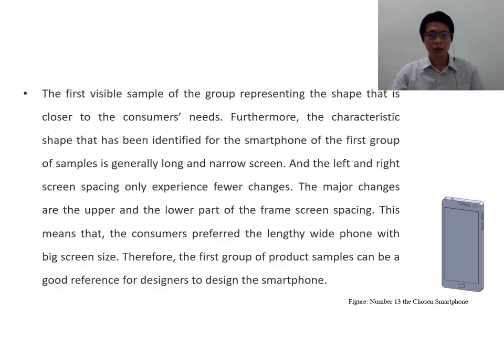The major changes are the upper and the lower part of the frame screen spacing. This means that the consumers prefer the long, wide phone with the big screen size. Therefore, the first group of the product sample can be a good reference for the designer to design the smartphone.